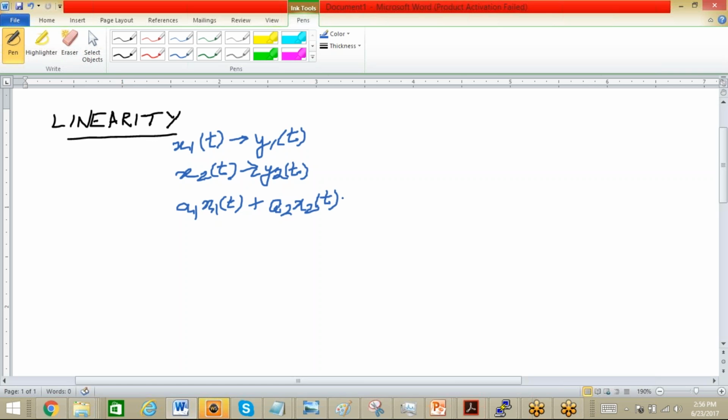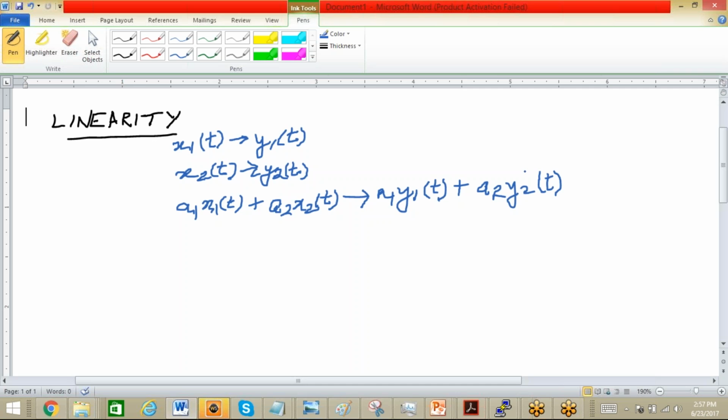This should provide the output a1 times y1(t) plus a2 times y2(t).